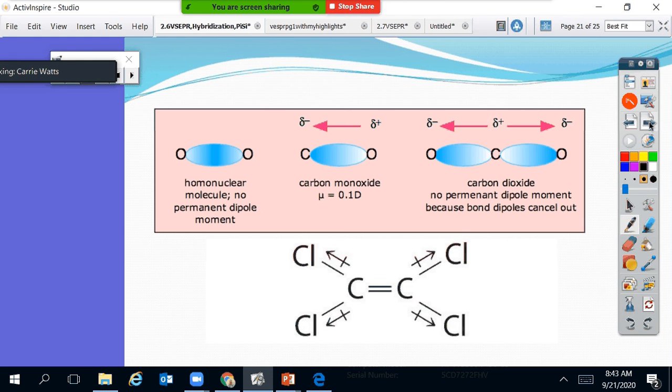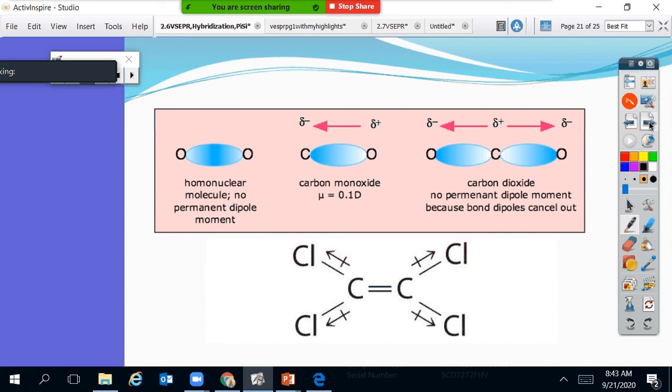Now here are some more examples of drawing dipoles and seeing what's happening. In the first one, I think I drew a dipole in the last one, I probably shouldn't have, but the oxygen, there is no permanent dipole moment.